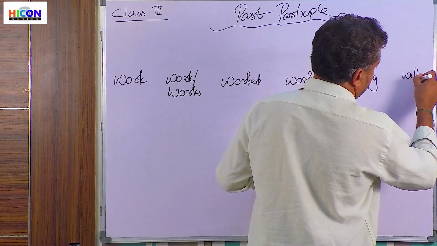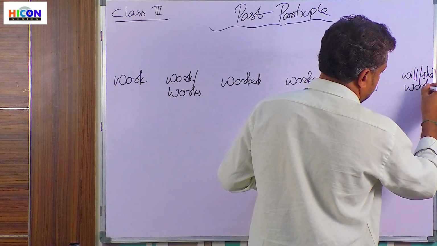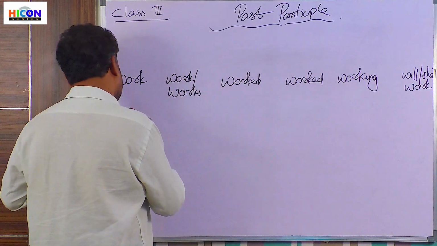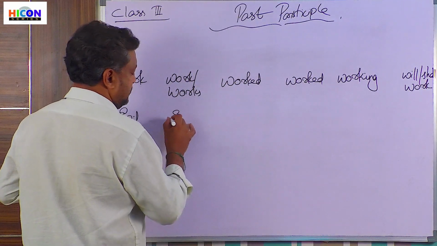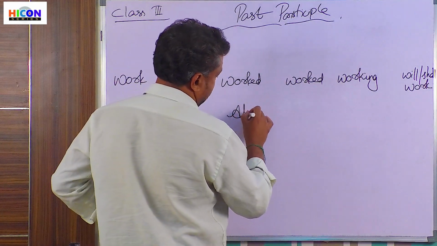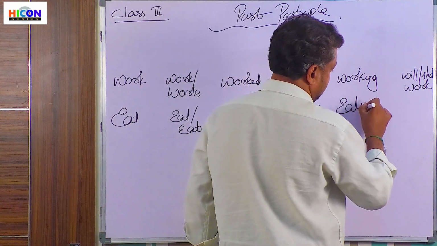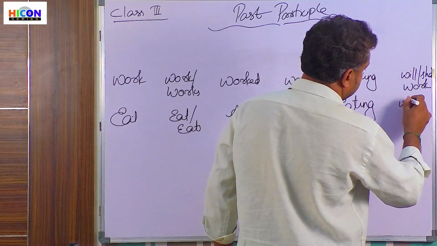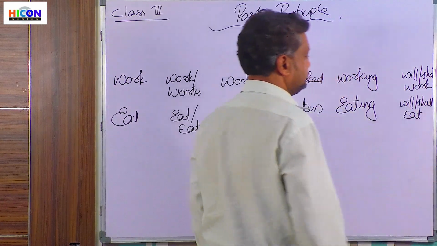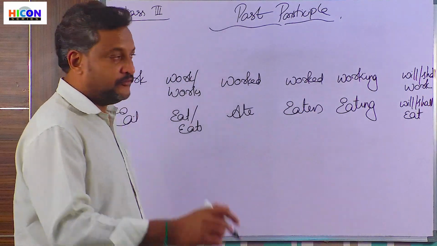Fifth, will or shall work. Now, if we write another word like eat: eat or eats, ate, eaten, eating, will or shall eat. Right? So like this, all verbs have got 5 verb forms.